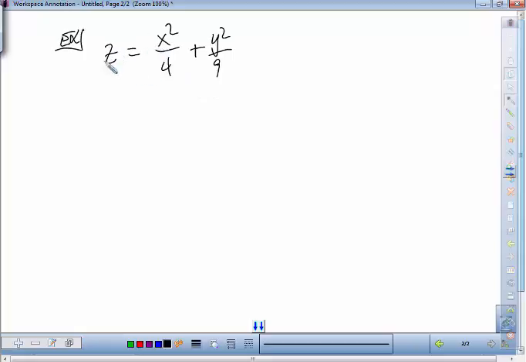A couple of key things to look for: z is not squared, x and y are both squared, and they're both positive. They both have the same sign. So you should already be thinking this is some sort of paraboloid, and it's an elliptic paraboloid because they both have the same sign.